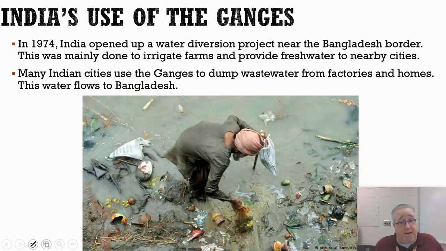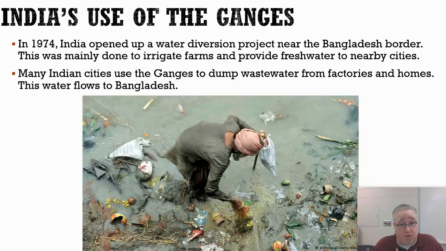Now, another thing about India and how they use the Ganges River, a lot of their waste ends up getting into the Ganges River. Either waste from factories or waste from their homes. A lot of this picture here that you see is part of the Ganges River, and you can see all the pollution that people from India use this river for.